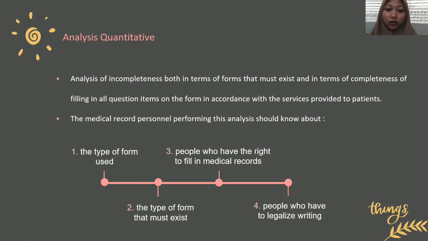The medical record personnel performing this analysis should know about the first is the type of form used, and the second is the type of form that must exist. The third is people who have the right to fill in medical records. The fourth is people who have to legally write it.